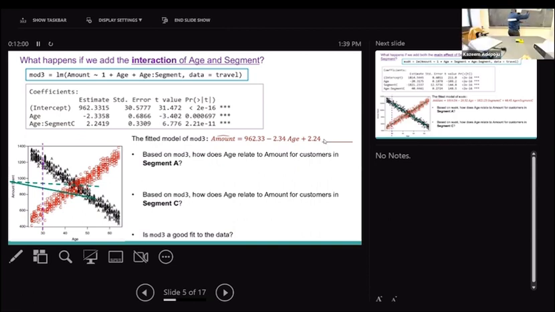But what if segment C equals 1? It's going to be 962.33 minus 2.34H plus 2.24H times 1. Automatically, the slope is going to change because there's an H here, but the intercept remains the same.